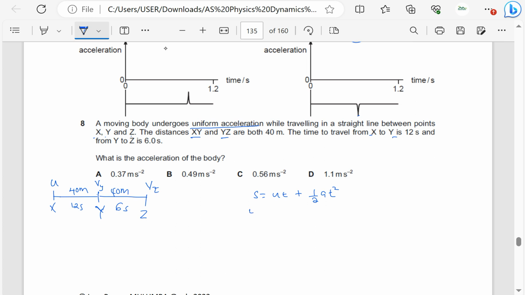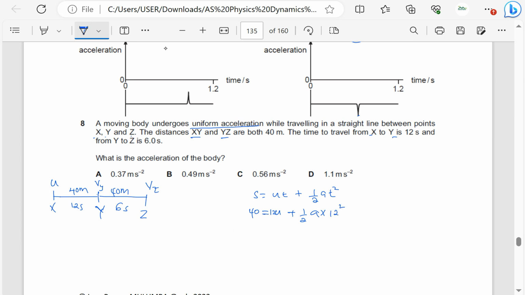So s will be 40. This will be equal to the initial velocity u times the time it takes, 12, so it becomes 12u, plus a half times the acceleration times the time it takes, which is 12, but this is squared.